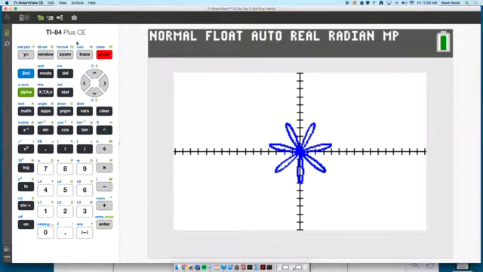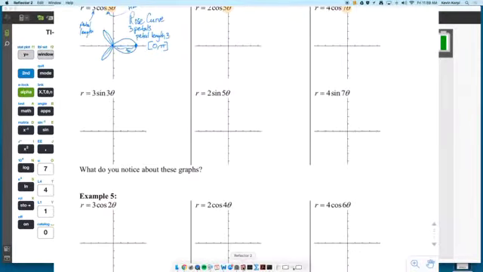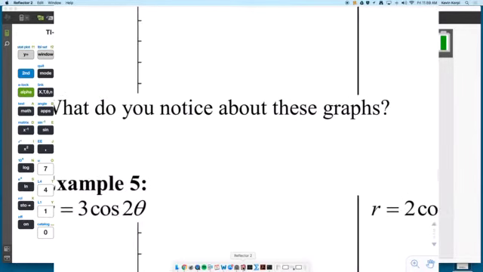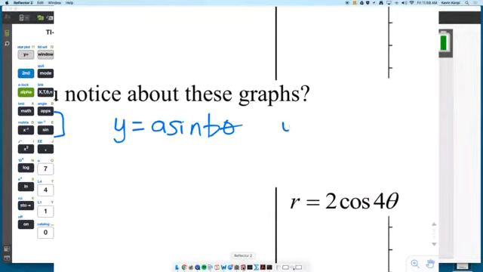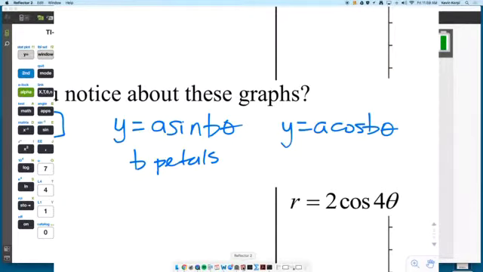All right, let us summarize very quickly here. What do you notice about the graphs? Number 1, they trace out from 0 to pi. And if they're of the form y equals a sine of b theta and y equals a cosine of b theta, they're going to have b petals, and a is the petal length.